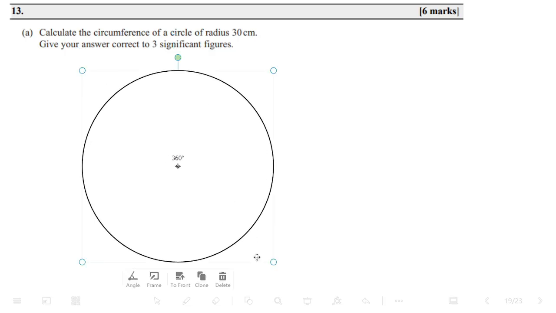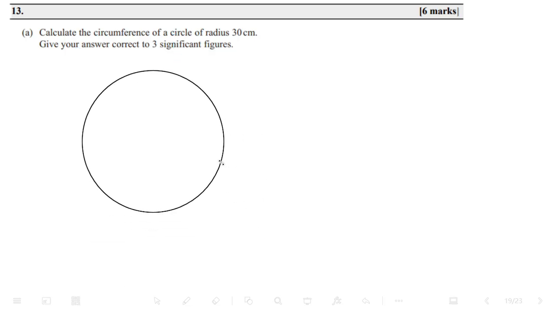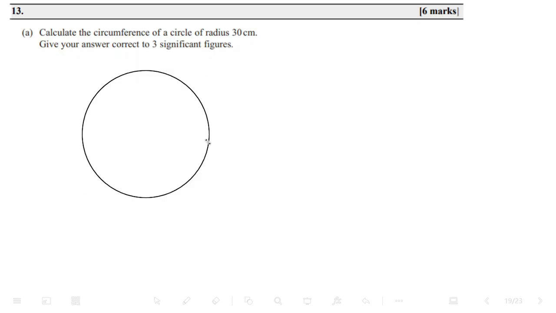The shape is given over here, so we just simply draw this. Now see what exactly the circle is that is given, right? There are so many functions. Okay, now what we are going to do.